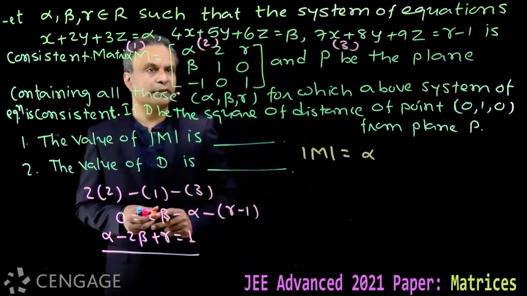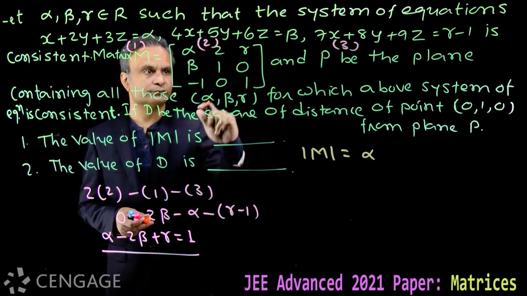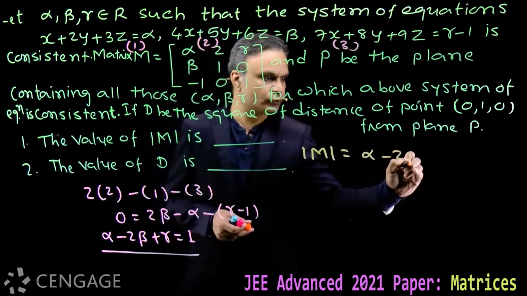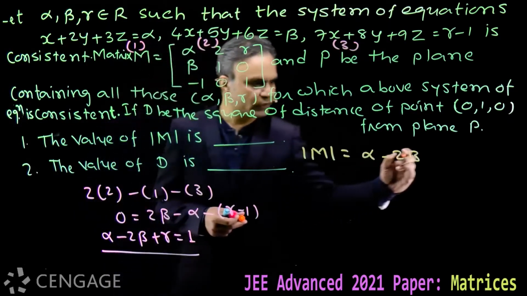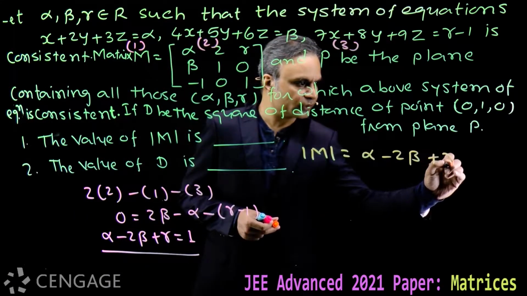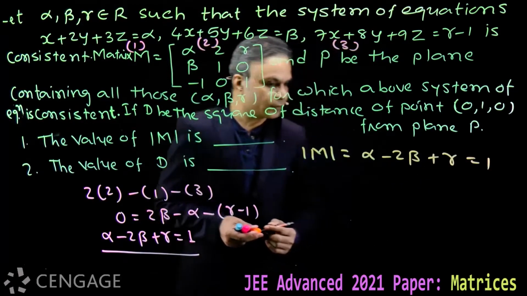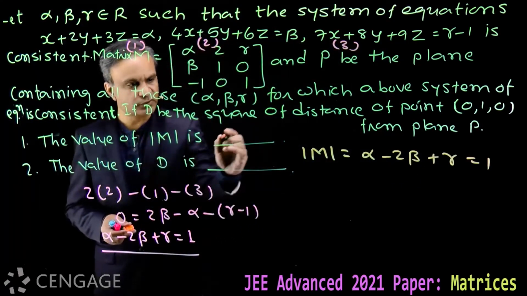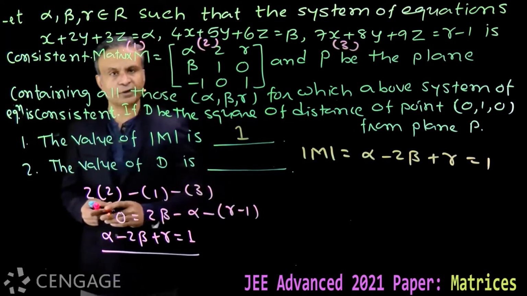Then coefficient of beta will be minus 2, and coefficient of gamma will be 1. So we have here alpha minus 2 beta plus gamma, and value of this is 1. So answer of this question is 1. Value of modulus of M or determinant of M is 1.